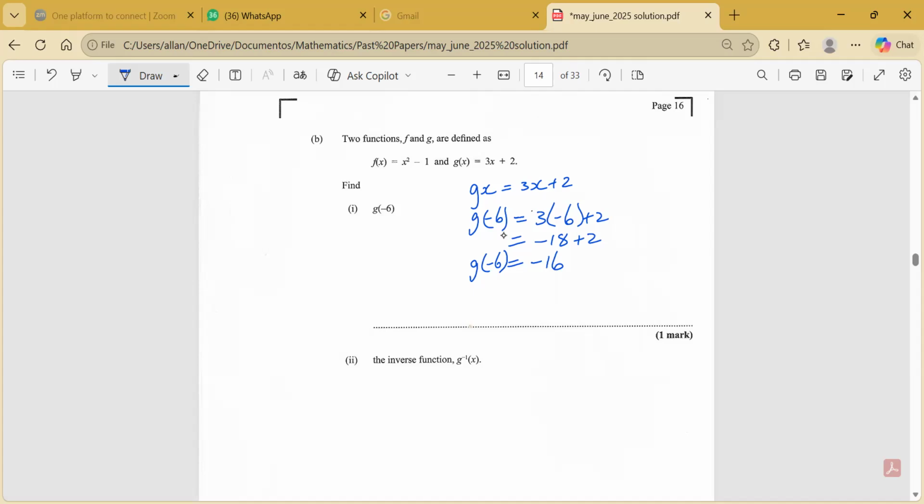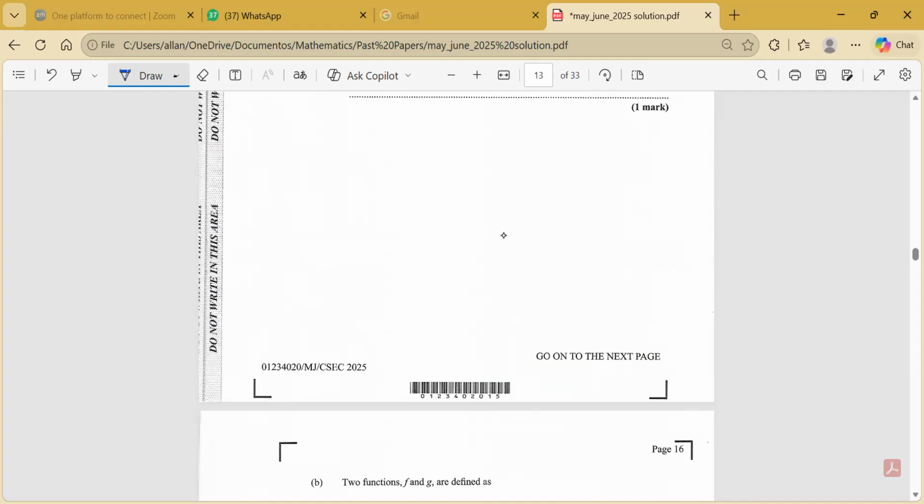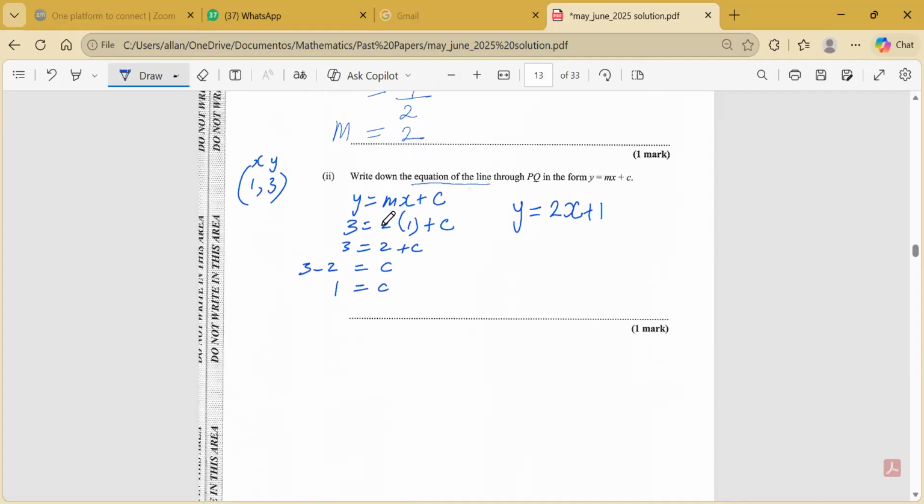Don't rearrange the formula, Marcus. Leave it just as is. Y equals mx plus c, and you substitute a value. Don't rearrange and don't just find for C. That is wasting time. The time you take to do that, you would have plugged in your values already. That is a Marcus.